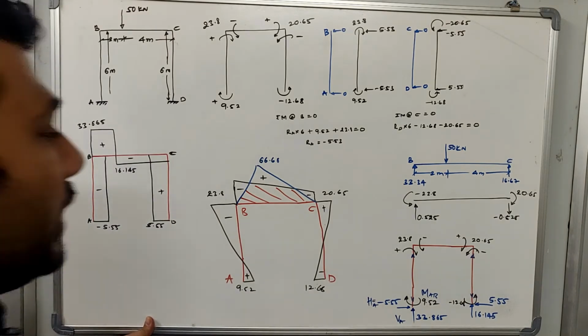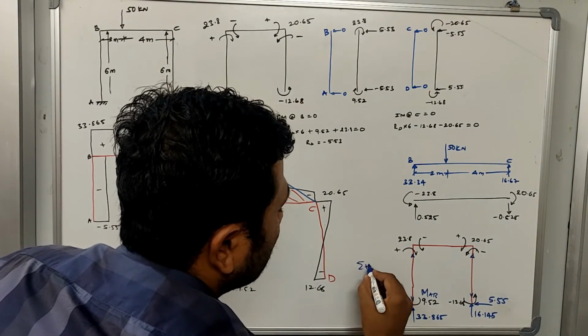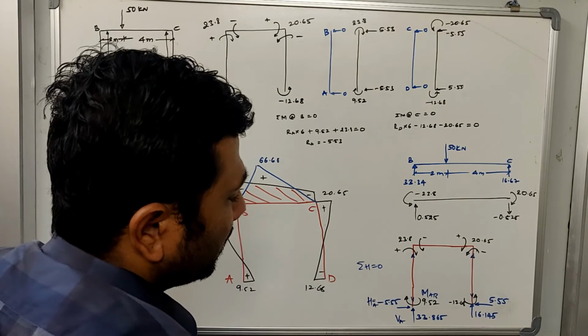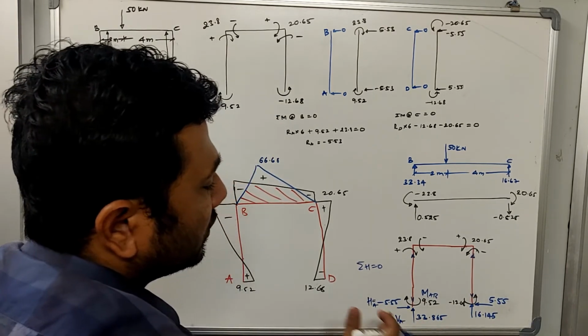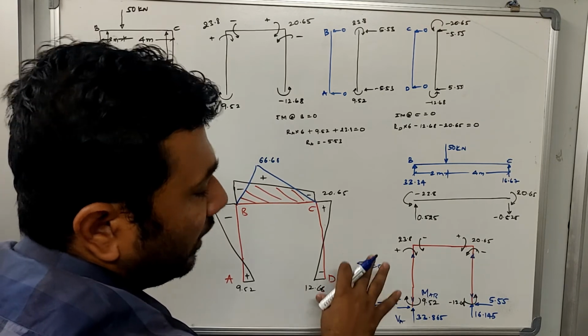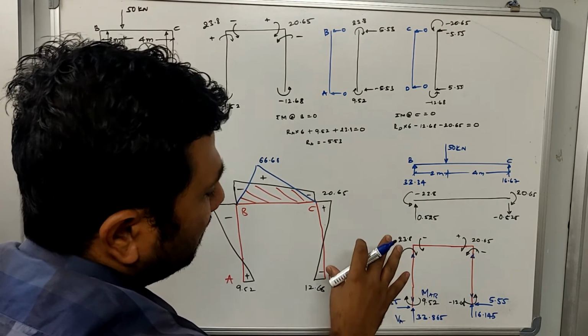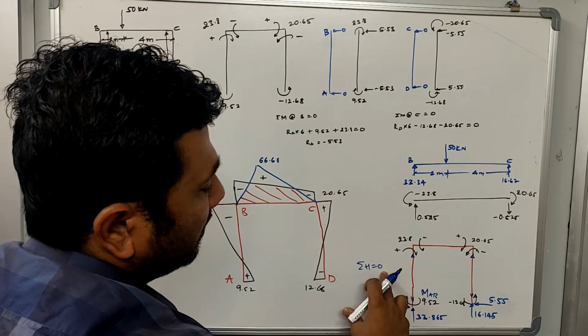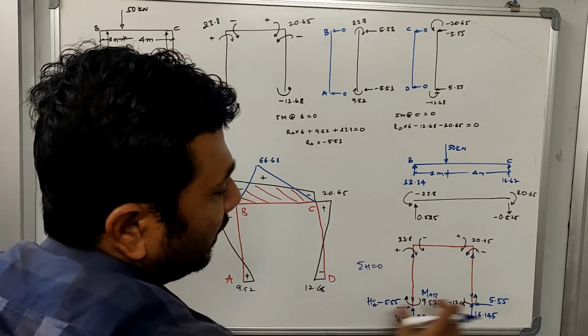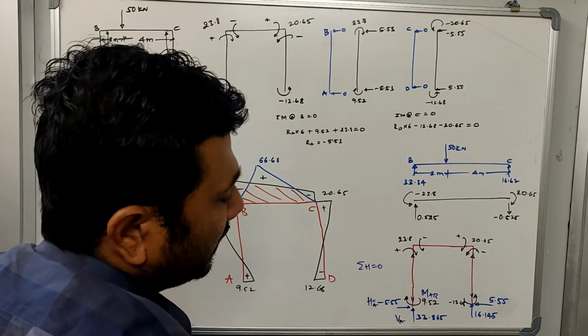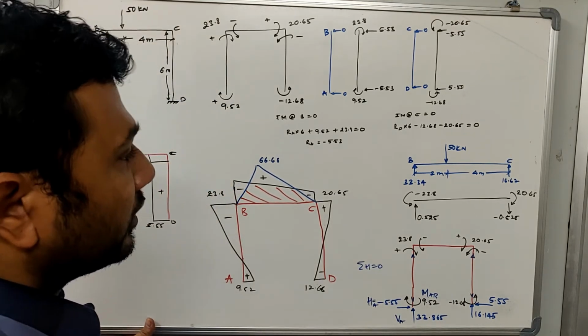Now you can also apply the summation of horizontal force equal to 0. In that case, minus 5.55 plus 5.55 is equal to 0. This means we have achieved the equilibrium condition of summation of horizontal force equal to 0, because there are no other horizontal forces. These are the only two reactions we have, and they are equal and opposite in magnitude.